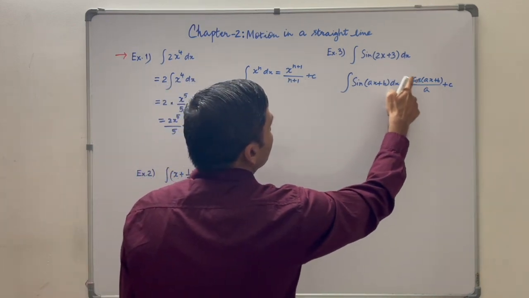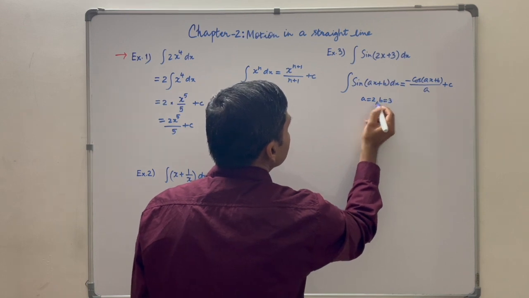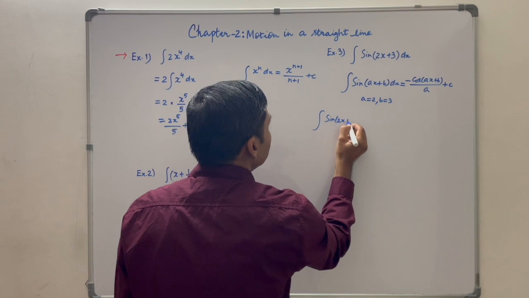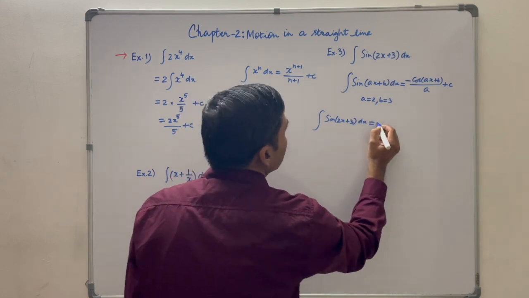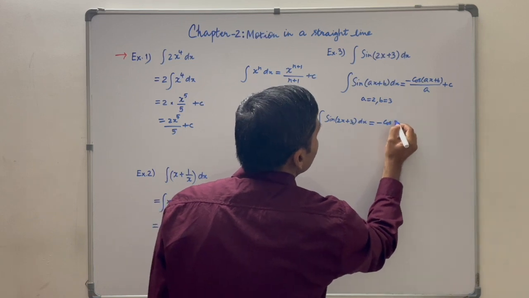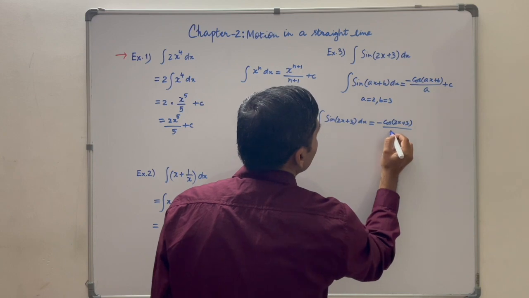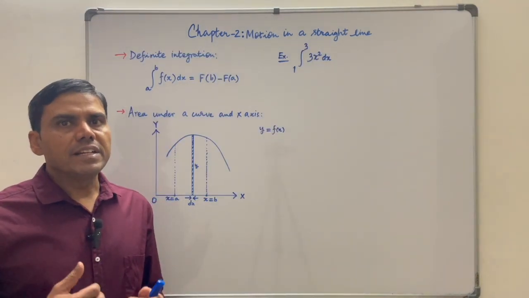Now putting the value a is equal to 2 and b is equal to 3, integration of sine 2x plus 3 dx will be equal to minus cos 2x plus 3 upon 2 plus c.